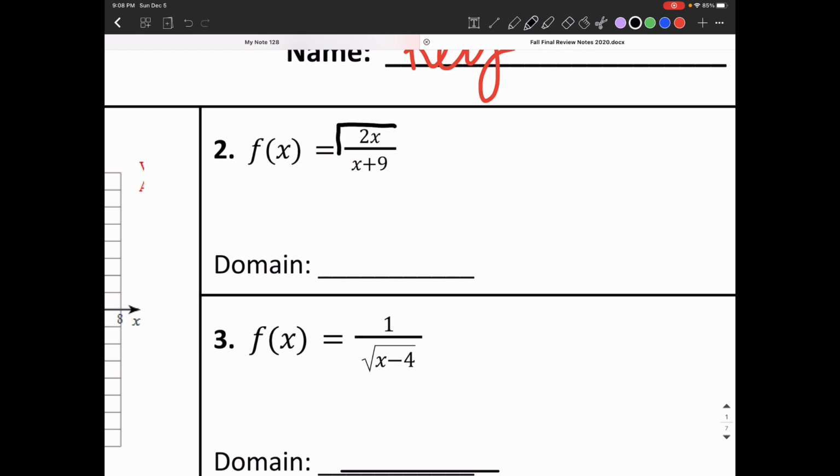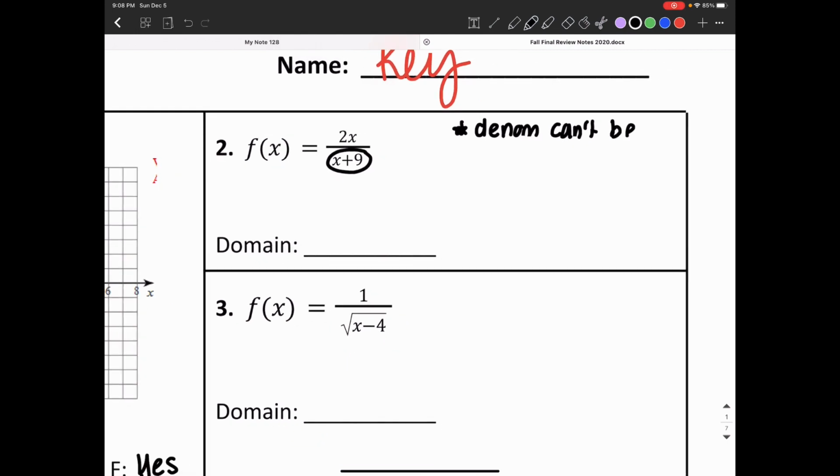When I have a fraction, the only restriction is in the denominator. I know that the denominator can't equal 0. So because the denominator can't be equal to 0, I know that x plus 9, what's in the denominator, can't be equal to 0.